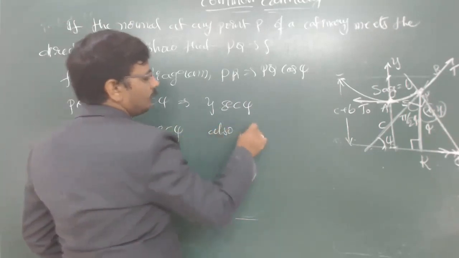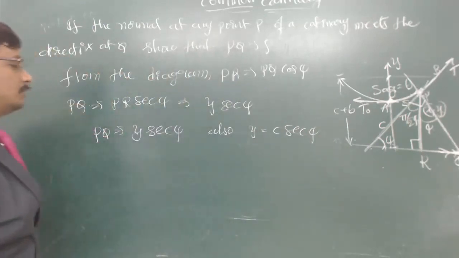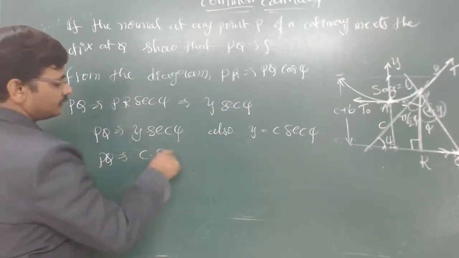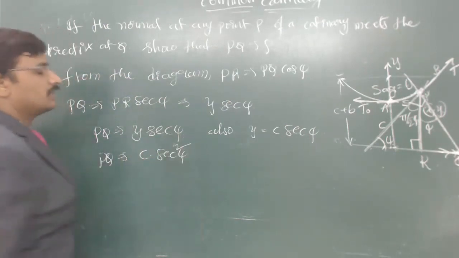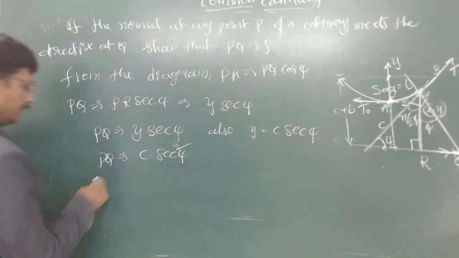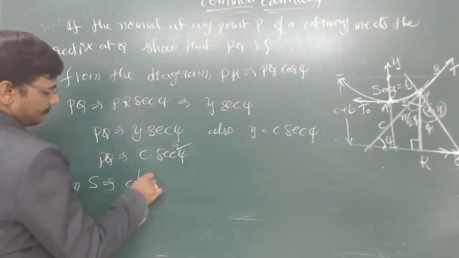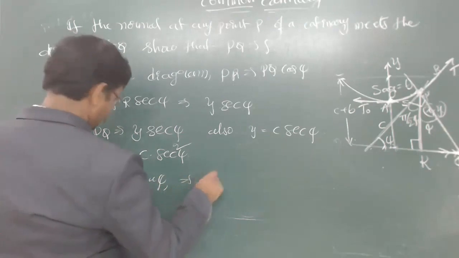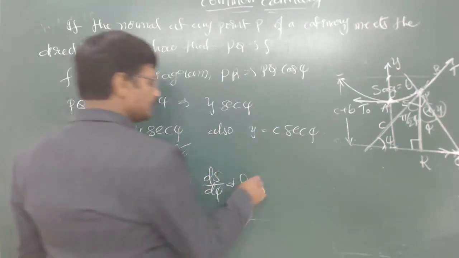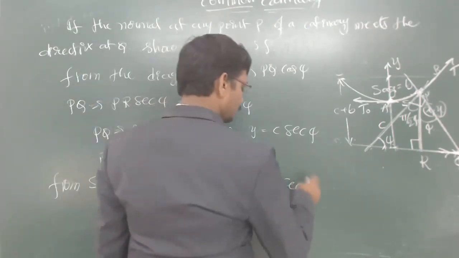Also, we know that y is equal to c secant psi. This was the relation which we established earlier. From this, PQ you can write as c times secant psi into secant psi, which is c secant square psi. Earlier we proved that s is equal to c tan psi, which implies ds by d psi, which we call the radius of curvature, represented by the letter rho, is equal to c secant square psi.